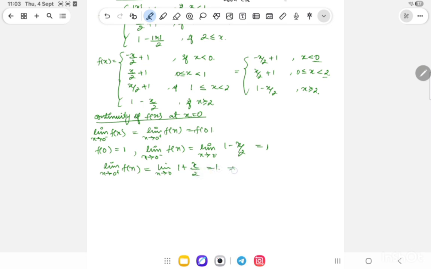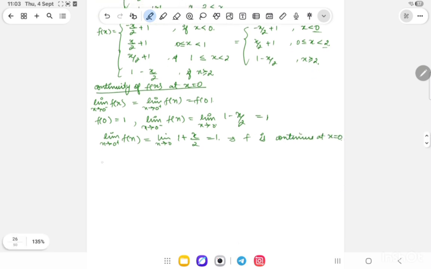So from here I can say that my function f is continuous at x equals 0. Now let us check if it is continuous at x equals 2 as well.